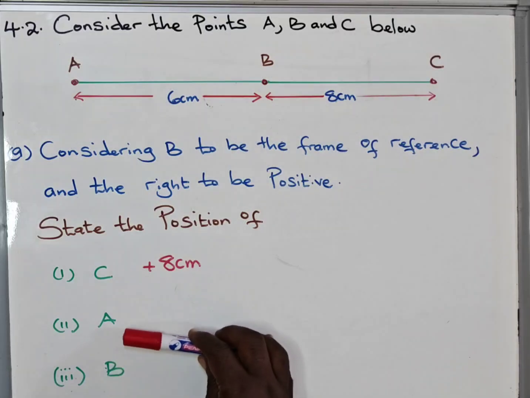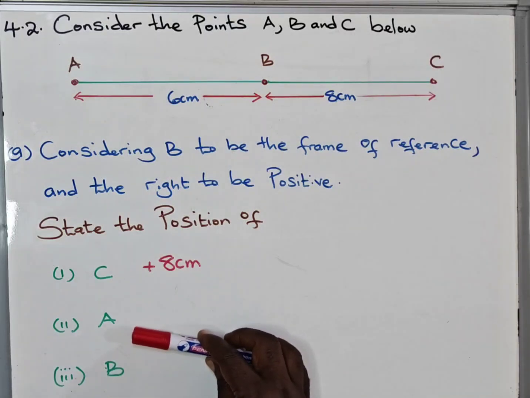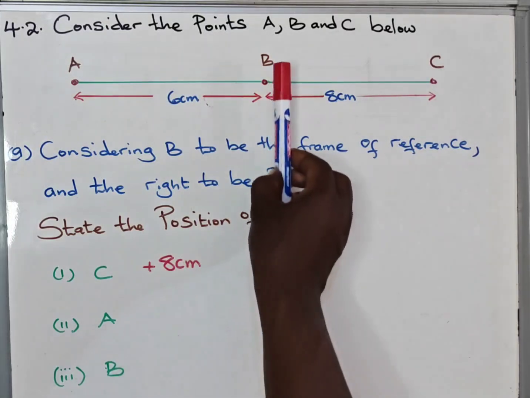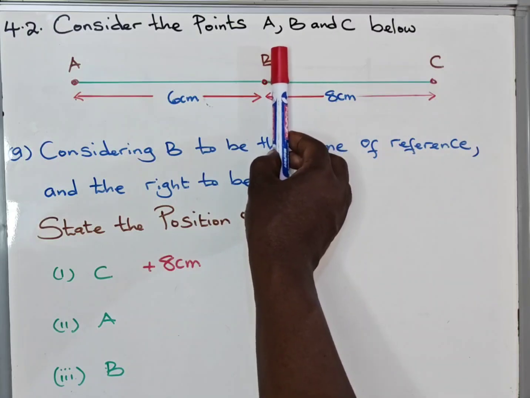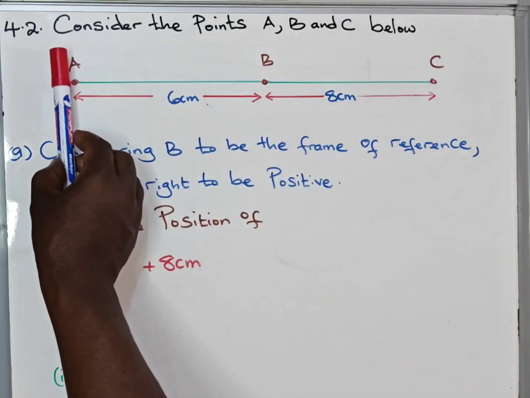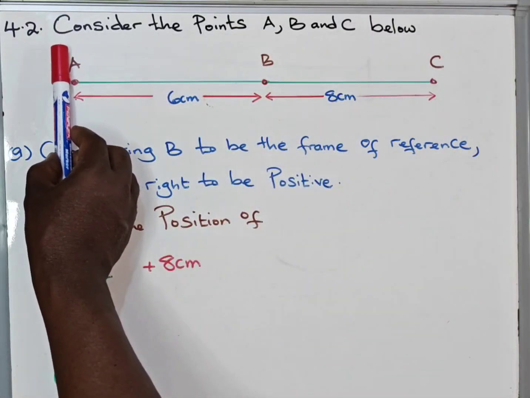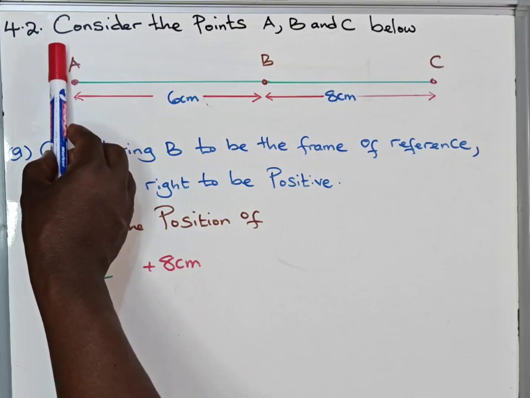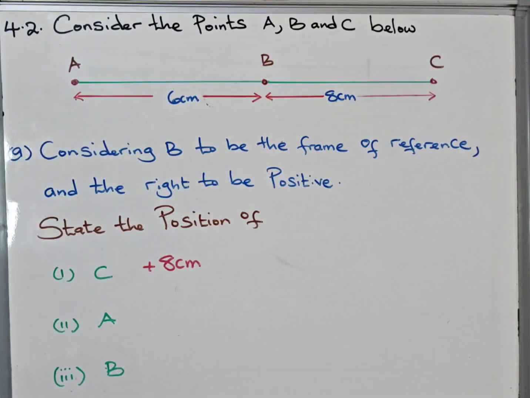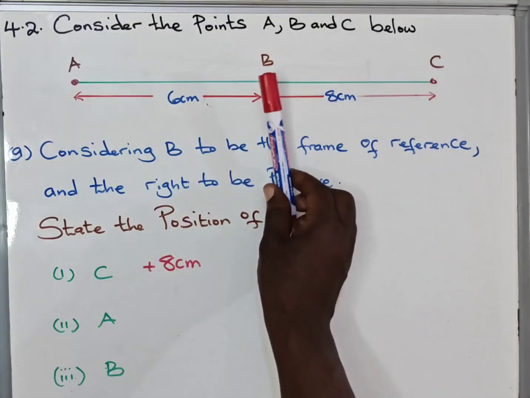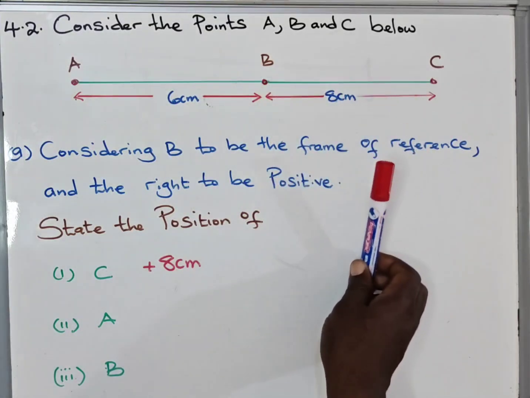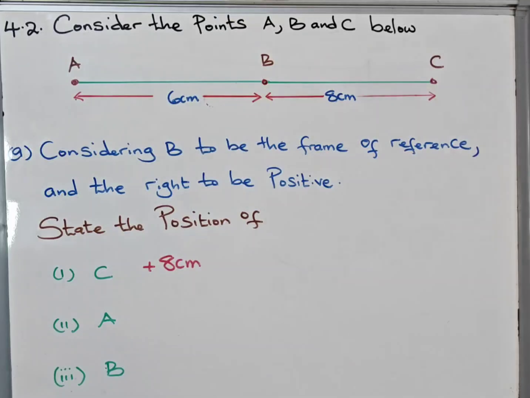Then we come to A. What is the position of A? This is our starting point, and this happens to be the point we are looking for, the position. You have to remember that to the right is positive and to the left is negative.